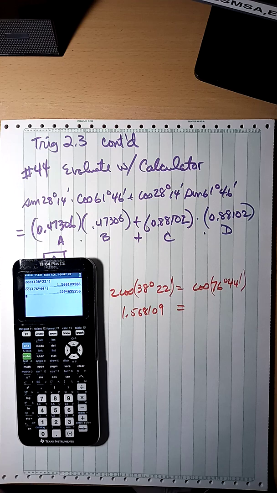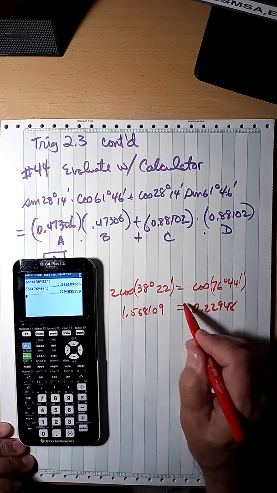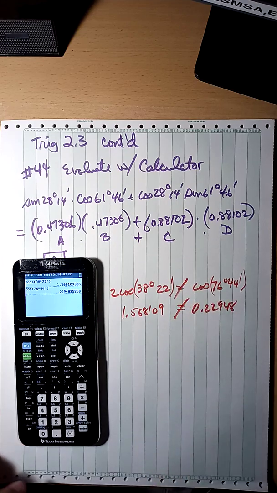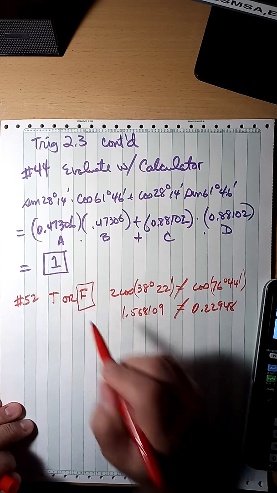When you press enter, you get 0.22948. These are certainly not equal. Therefore, it must be false.